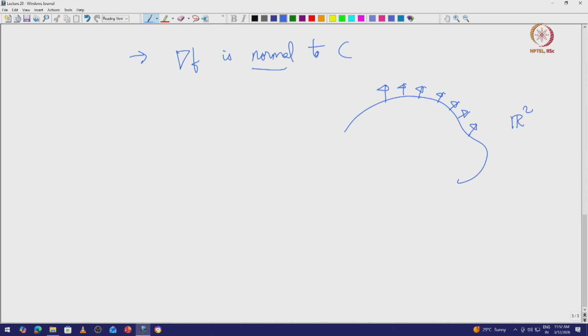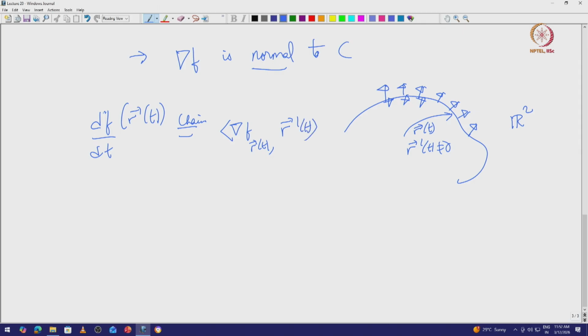What does that mean? It means that it is perpendicular to the velocity. Indeed, suppose you take f of r of t. We have assumed that this is a differentiable path. It's the image r of t where r dash is non-zero. So by the chain rule, this is the gradient of f at the point r of t dotted with the velocity vector, right?